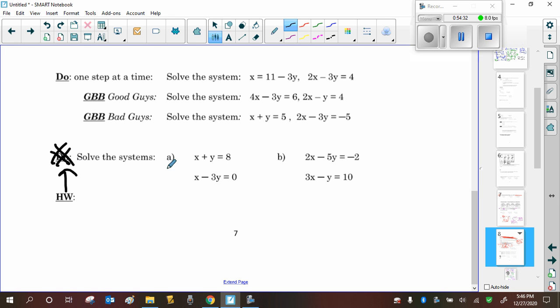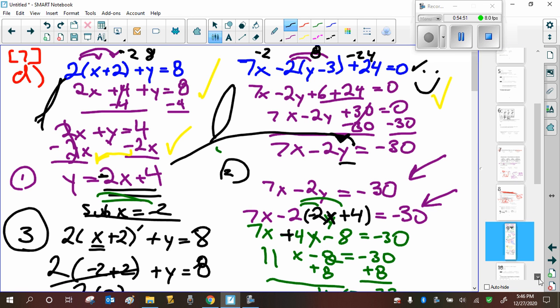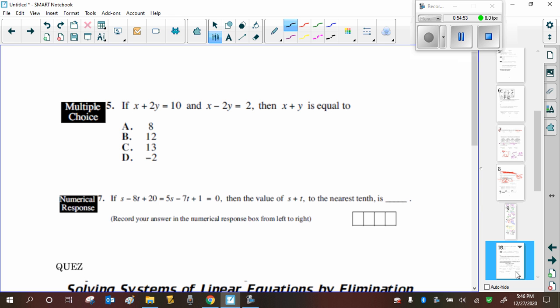And your homework is A, B, and this should say solve the systems by substitution. And then the next page is right here. You have 5 and 7. Okay, so you have 4 questions for homework.